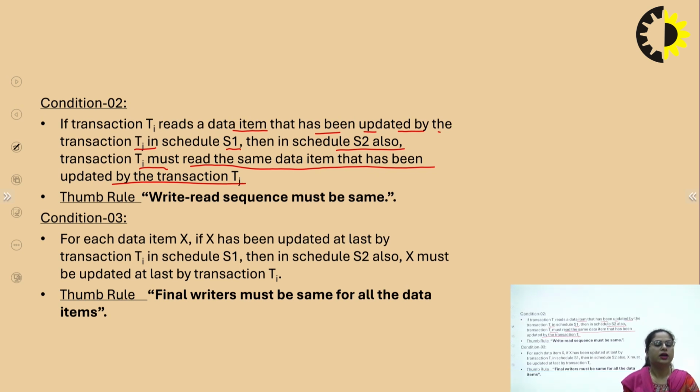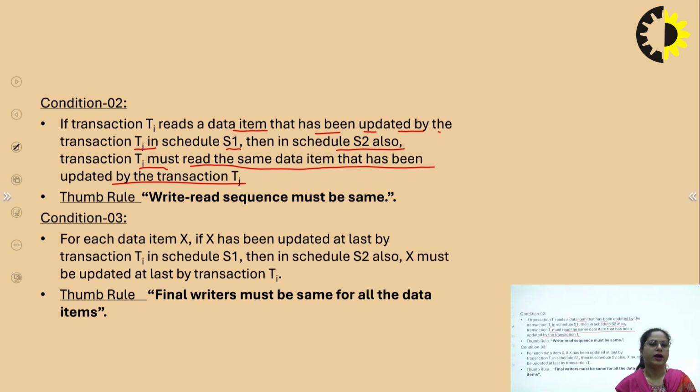The third condition is that the final write must be the same for all the data items. If in schedule S1 a write operation is performed on data item X, then in the other schedule also the write operation will be performed on the same data by the same transaction.